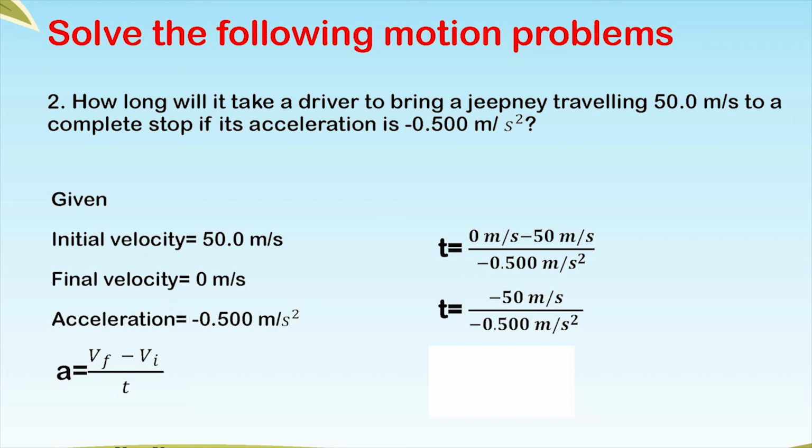Then, we substitute the values. t is equal to 0 meter per second minus 50 meter per second over negative 0.500 meter per second squared. Then, we cancel out the common unit and we are left with the time, which is 100 seconds.